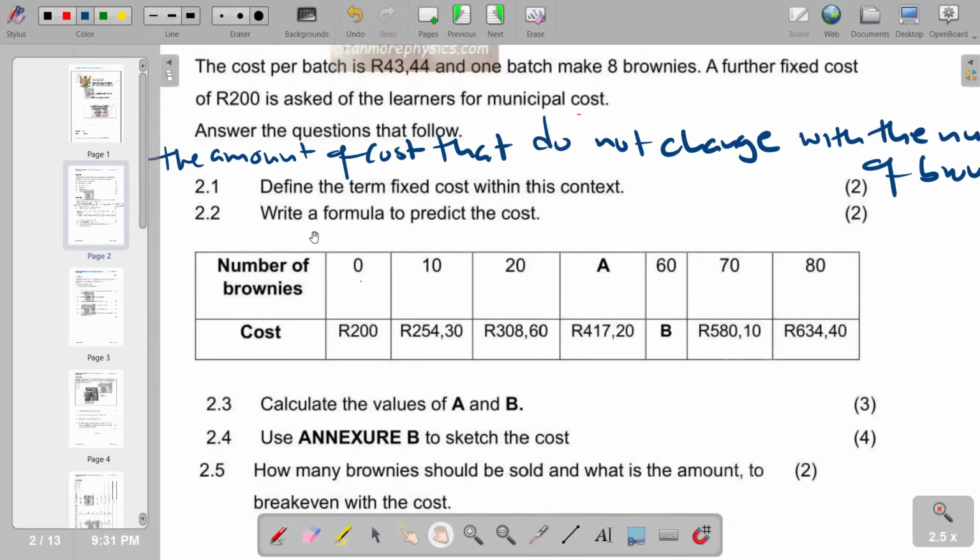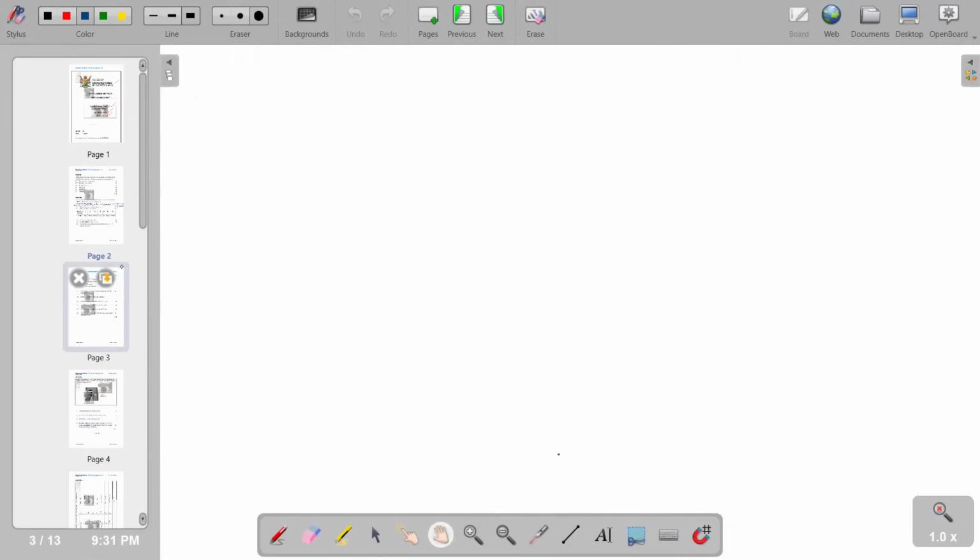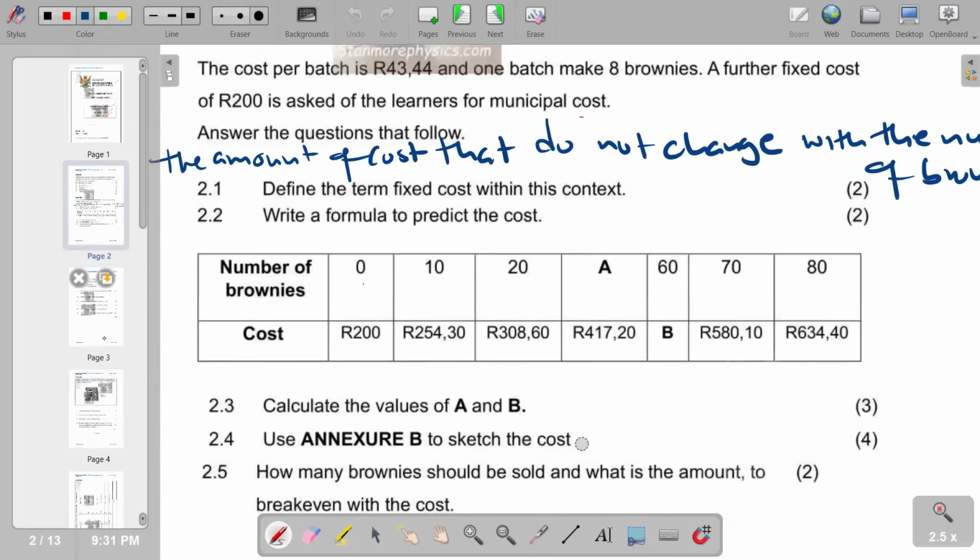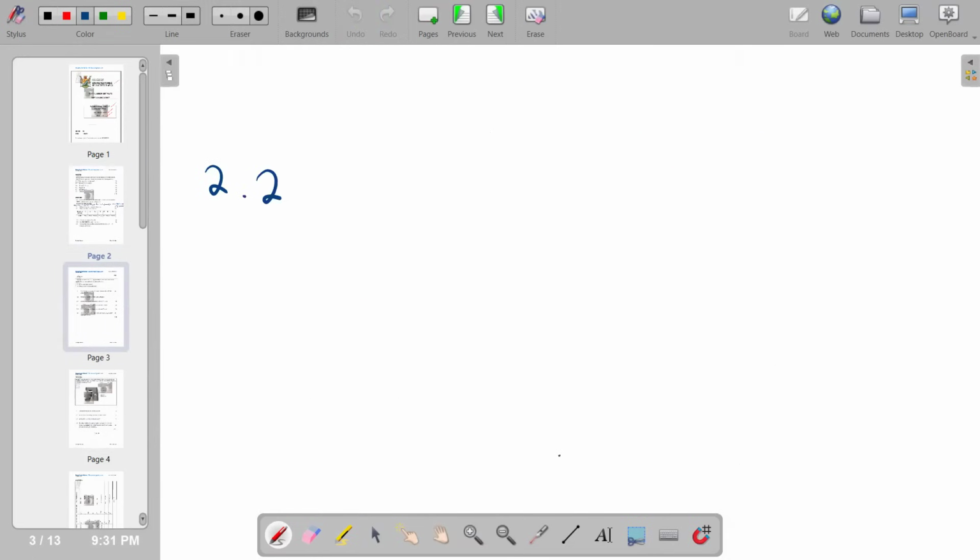We have to first put down the formula to predict the cost. Our total cost is equal to our fixed cost plus the variable cost per unit times the number of units.